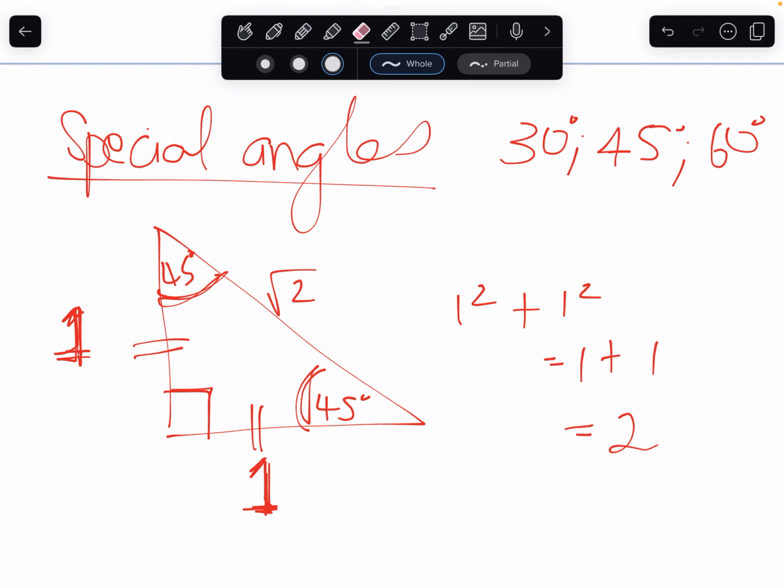And based on that, you can get your trig ratios for 45, right? Sine of 45 will be opposite over hypotenuse. Cos of 45 will be adjacent over hypotenuse. And if you look at it from either this angle or this one, it'll give you the same ratios. And then finally, tan of 45 is opposite over adjacent, which is 1.